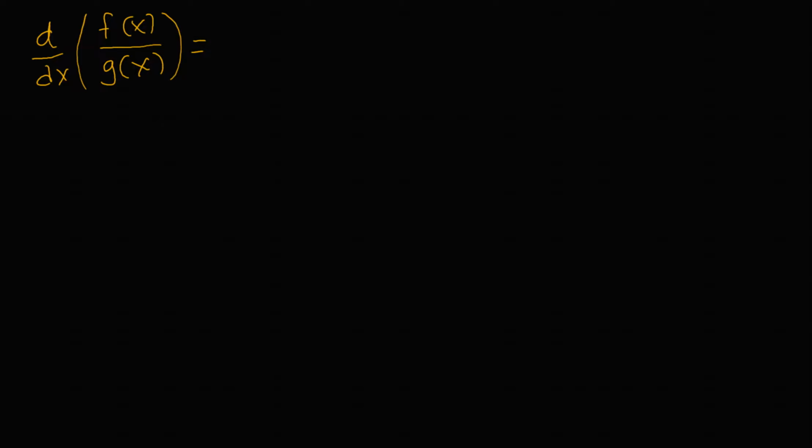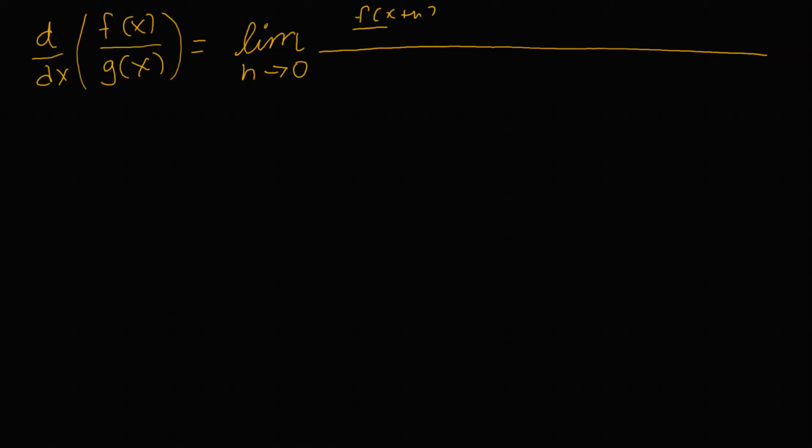So what is it exactly? We are just going to find it using the definition of derivative. So the definition says the limit as h goes to 0 of f of x plus h divided by g of x plus h, minus f of x divided by g of x, and then all over h.